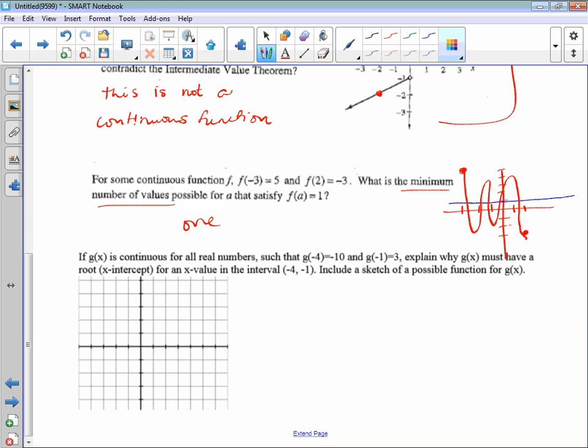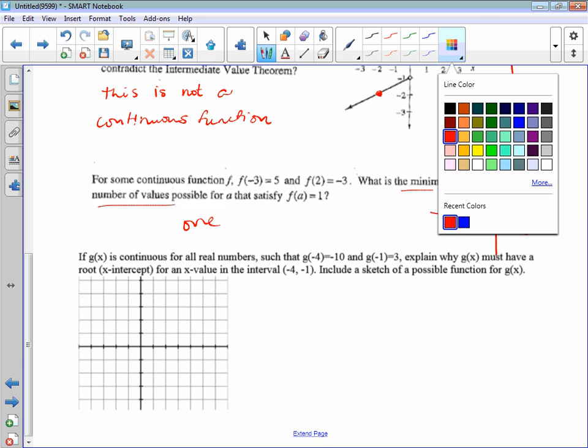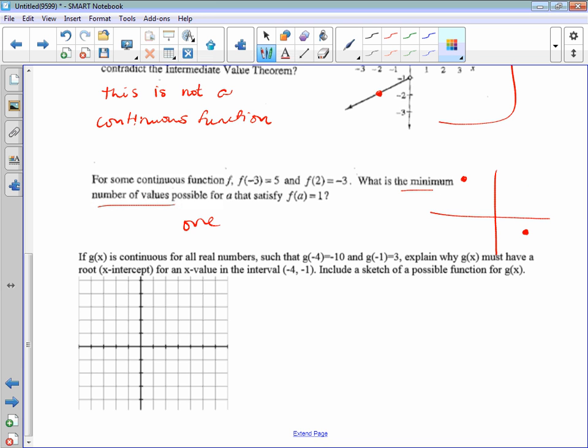Thomas, you look perplexed. Okay, so let me draw my picture again. So f of negative 3 was 5, which is up here. f of 2 is negative 3. I want to know f of a equals 1, so that's a y value of 1.